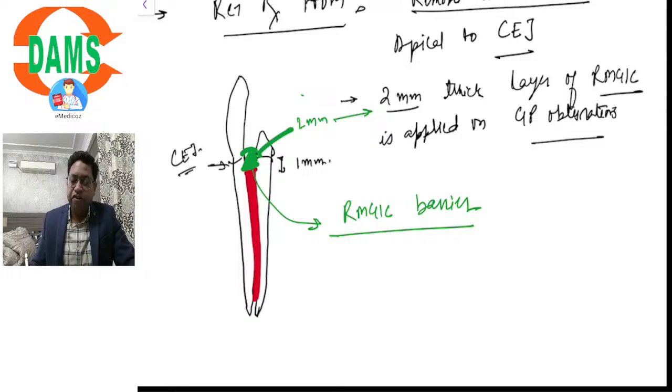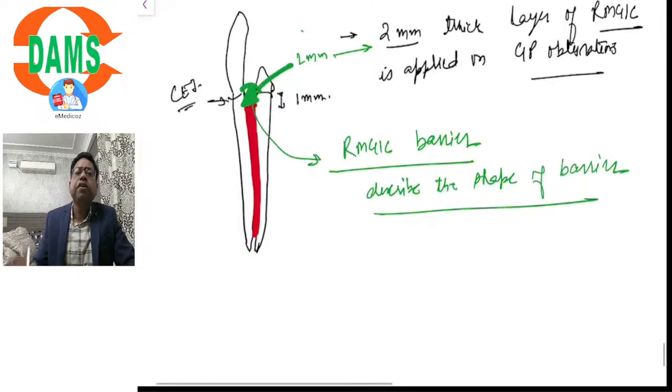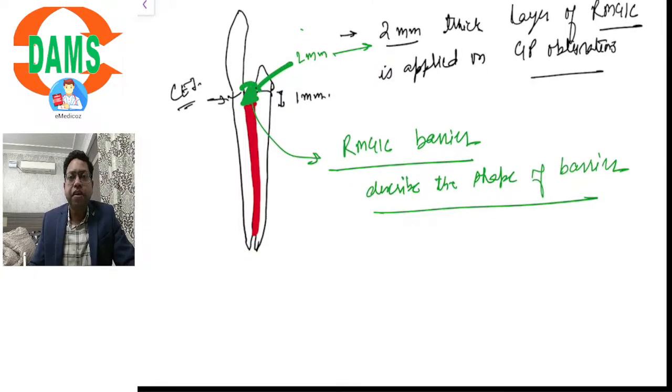There are two terms which are used to describe the shape of the barrier. When a properly placed barrier of RMGIC is in position, we describe it by two terms.